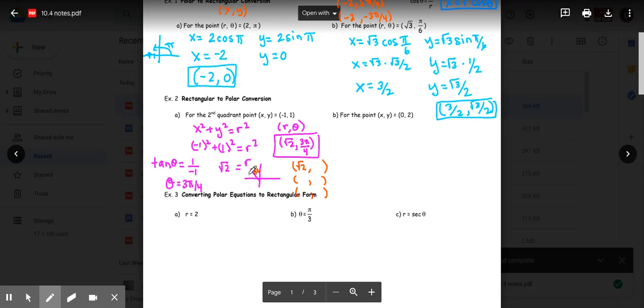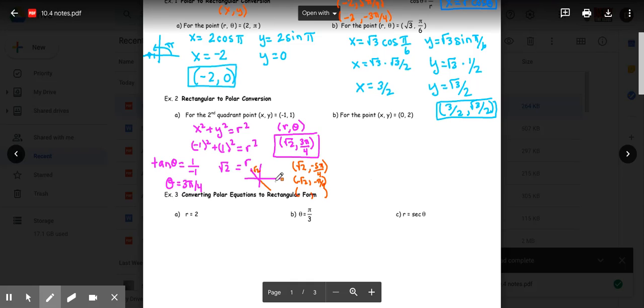The angle, going backwards, would be negative 5 pi over 4. Okay, so that would be going backwards and getting to that same point. You could go backwards and get along this line, so that's just negative pi over 4, but we've got to get back to this point, so we have to go opposite of our r, which would take us to negative root 2.